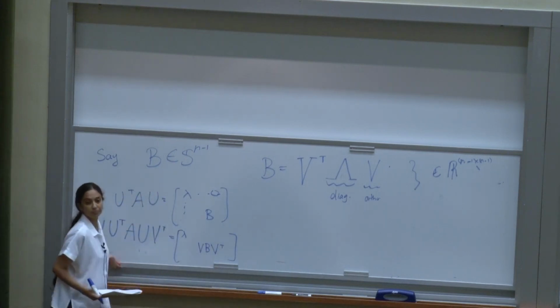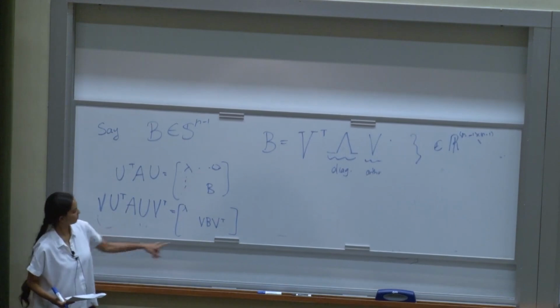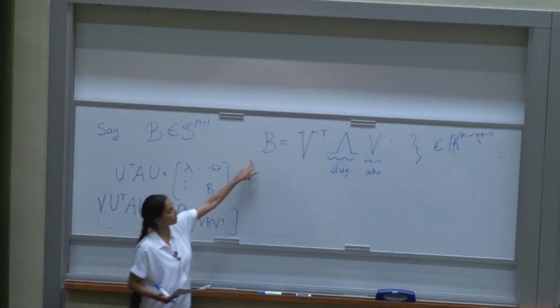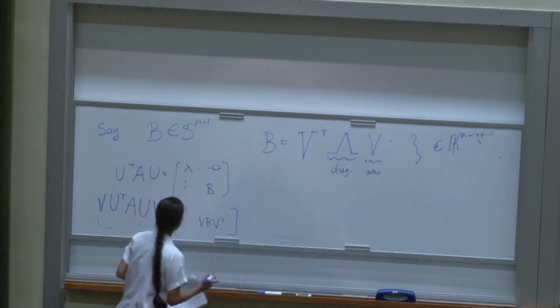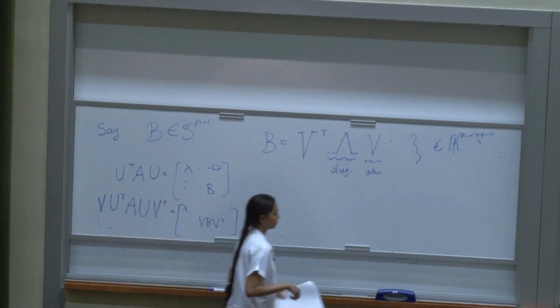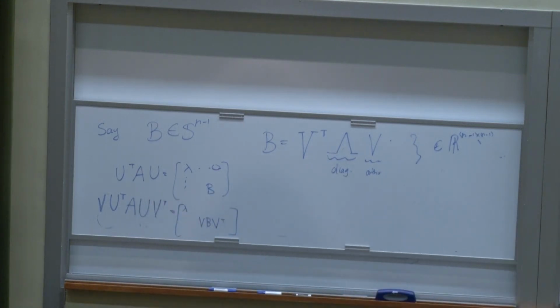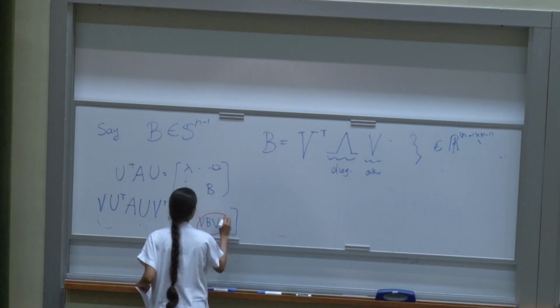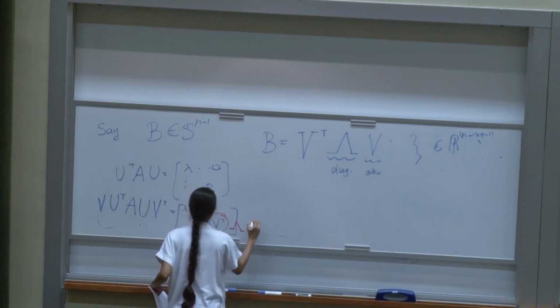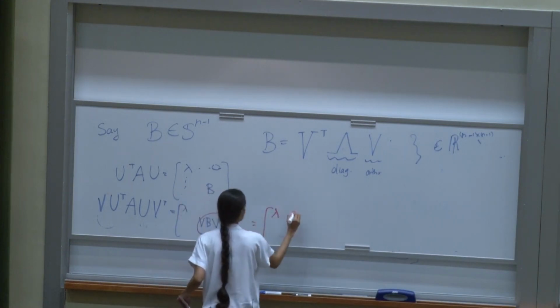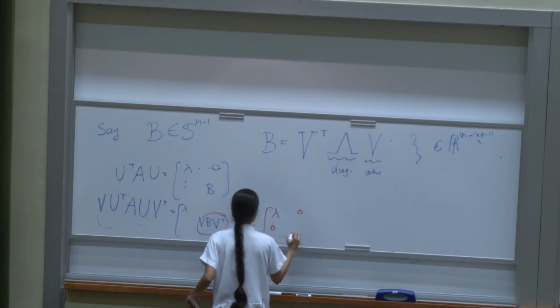And because I know of this decomposition, I know this thing is just now this matrix lambda. So this is equal to this little lambda, zeros, zeros, and this big lambda.